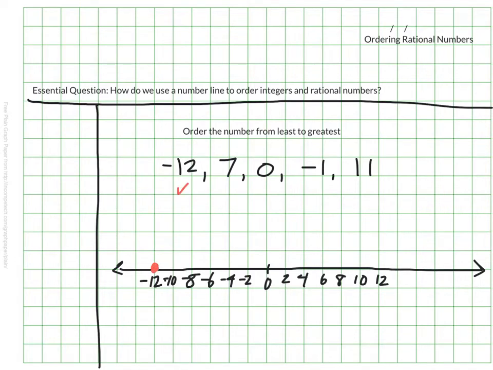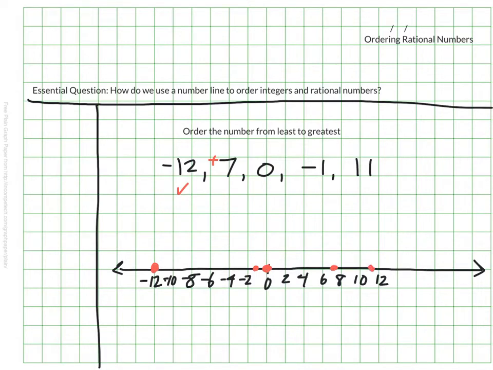This is a positive 7, unless it says otherwise. So the 7 is between 6 and 8, right here. Of course, 0 is right there. -1 is going to be right there between 0 and -2, and 11, a positive 11, is right there.